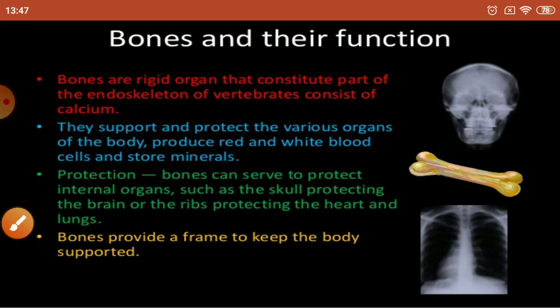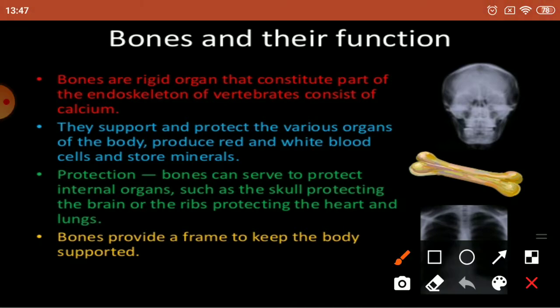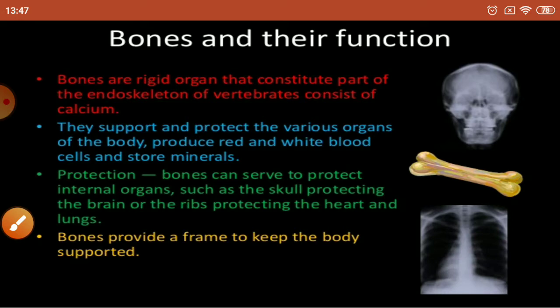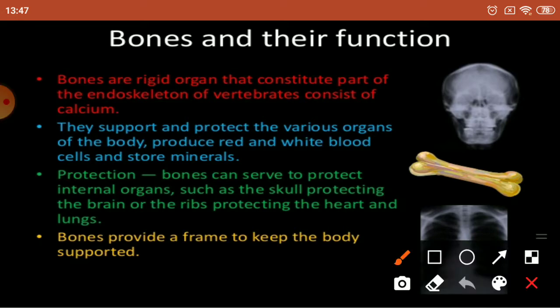What is the main core element present in your bones? Calcium is the main core element present in the bones. Along with that, bones are helpful to protect and support different vital organs present in our body.